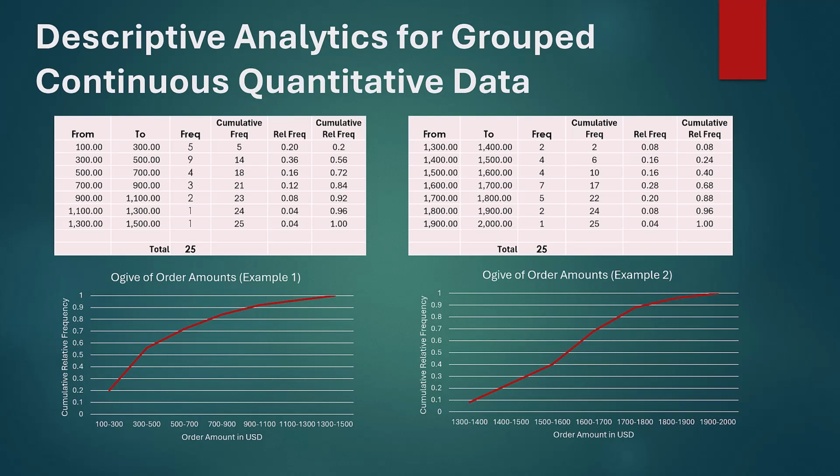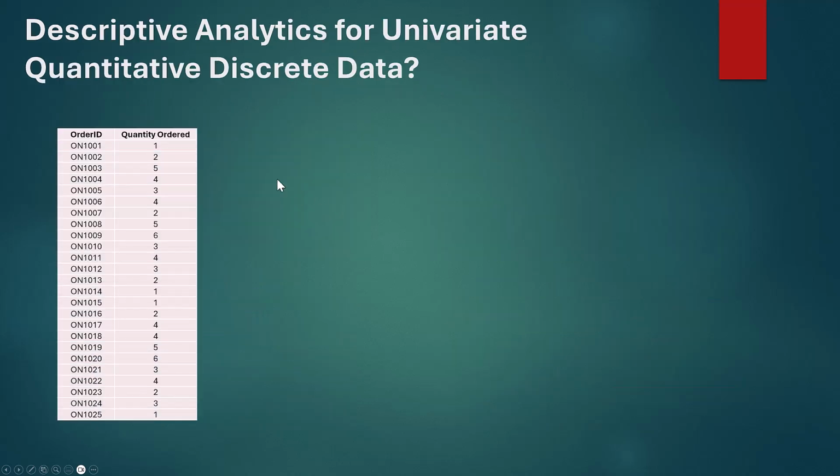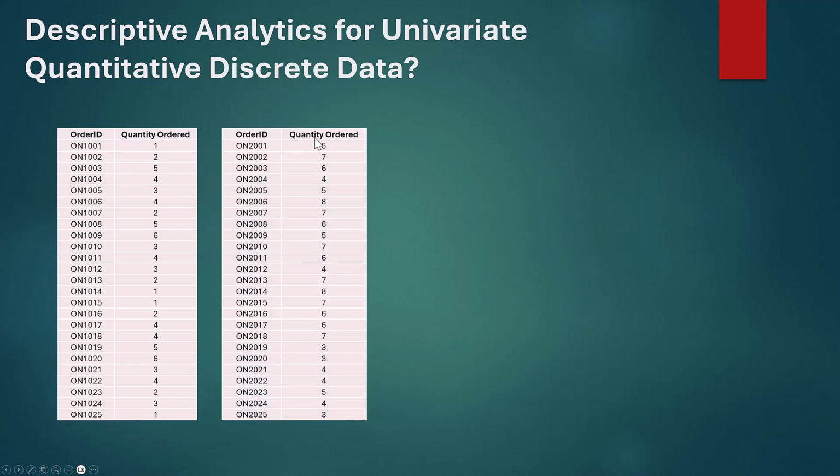Alright, now let's move to discrete quantitative data. So here's an example. Instead of order amount, I have quantity ordered. So 1 unit was ordered, 2 units were ordered, 5 units were ordered. And here's a second example. So this is discrete, and there's not many values. There's few unique values.